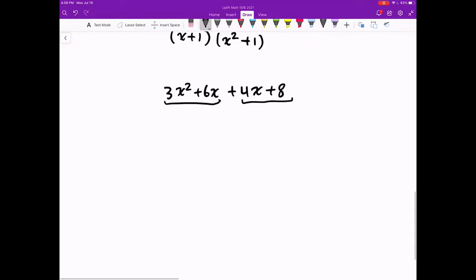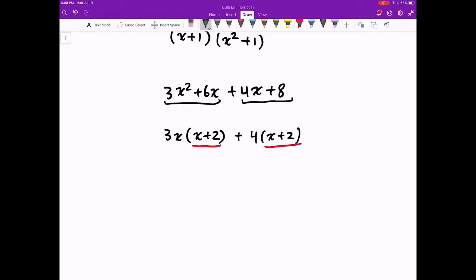In our first two terms, we see that the GCF is 3x. So it's 3x times x plus 2. On our right hand side, we have the GCF 4 times x plus 2. So then we see again that we have a common GCF, a common factor, I should say.